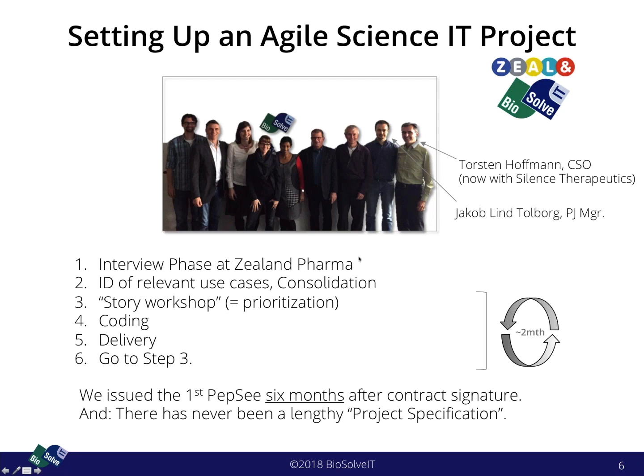So what we did is we had a full two-day interview phase at Zealand Pharma in Copenhagen on site. We consolidated this, prioritized that, and then roughly every 2 months we did so-called story workshops where we reprioritized, reassessed, or reconfirmed the priorities that we identified as being important use cases, important workflows that we wanted to support in PepSee over and over.